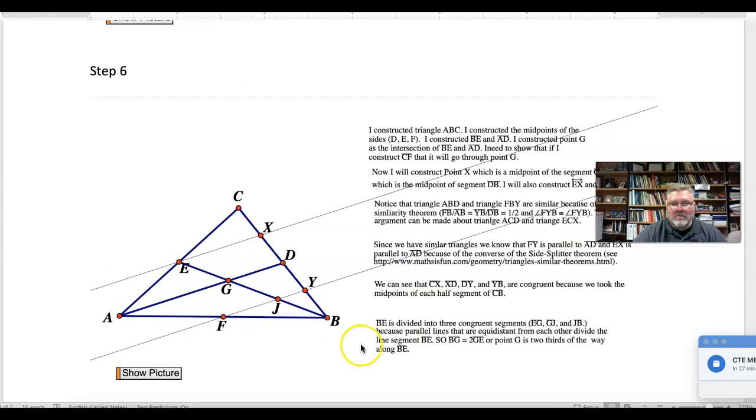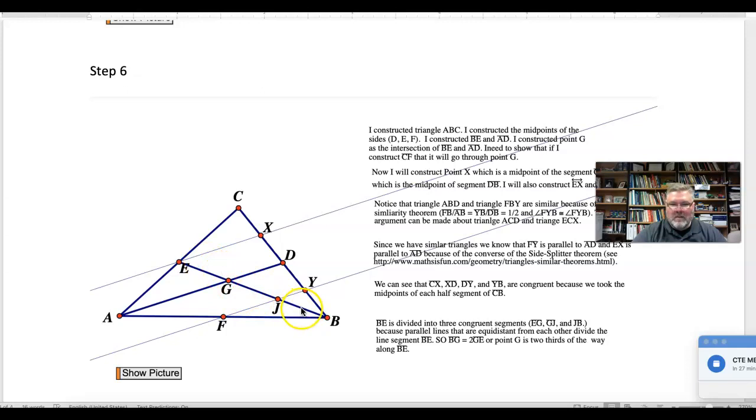So now let's look at BE. BE is divided into 3 segments, and those segments are congruent, e.g., GJ and JB, because parallel lines that are equidistant from each other divide the line segments into equal portions. Because these are all parallel, they're going to cut this line into congruent pieces.